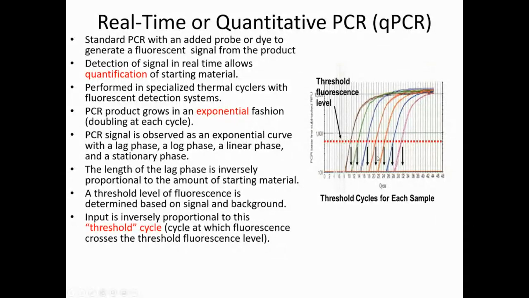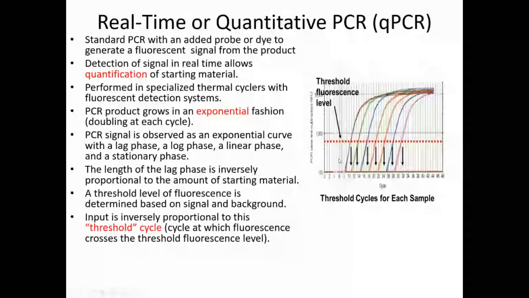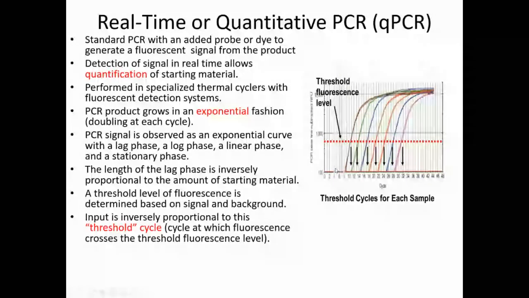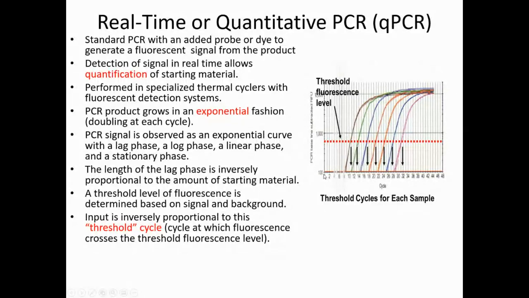And this is the typical curve that you will see after the PCR reaction. During the PCR reaction, as I mentioned, the machine can monitor the amount of amplicon in the reaction after each cycle. Here the x-axis is the number of cycles, and the y-axis is the amount of the product.